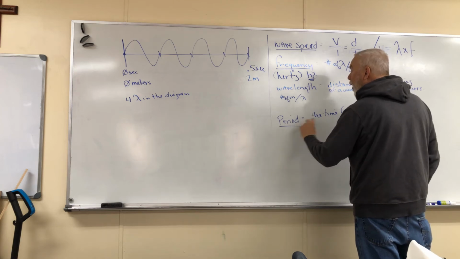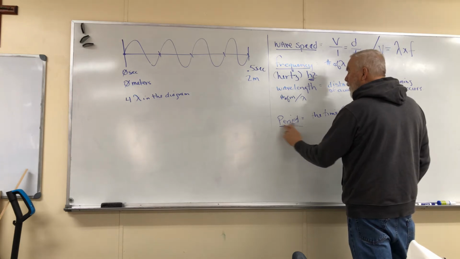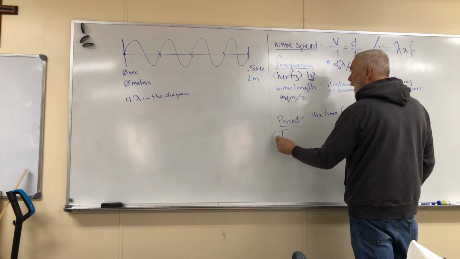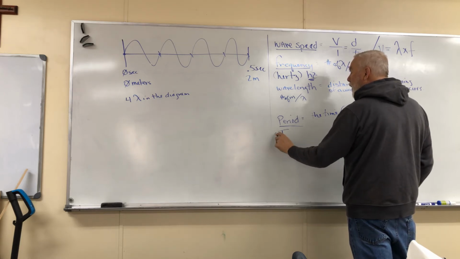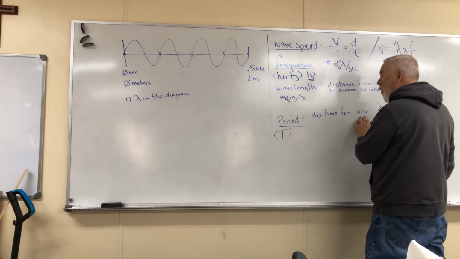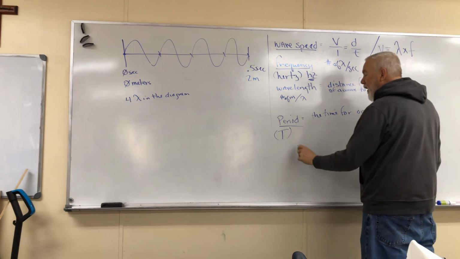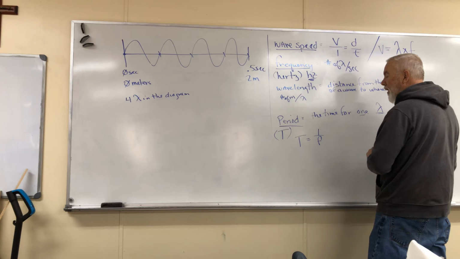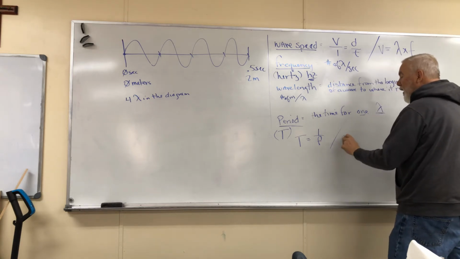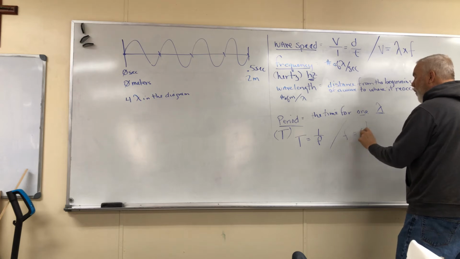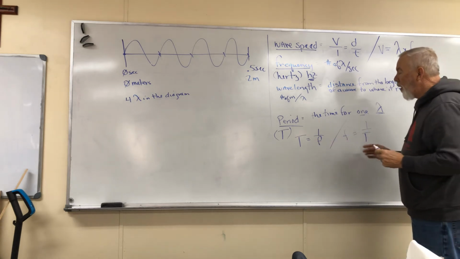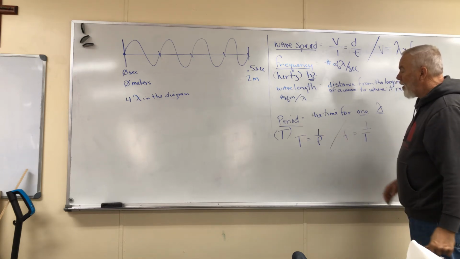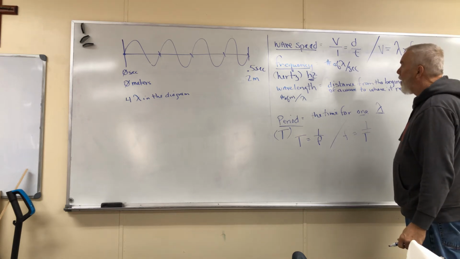The period has a unit called the capital T, and that is the time in seconds, but it's a special time. It's the time it takes for one wavelength. The equation says that capital T is equal to 1 over the frequency, and we also can say that the frequency is equal to 1 over the period. If you know one, you can solve for the other by simply plugging into the equation.